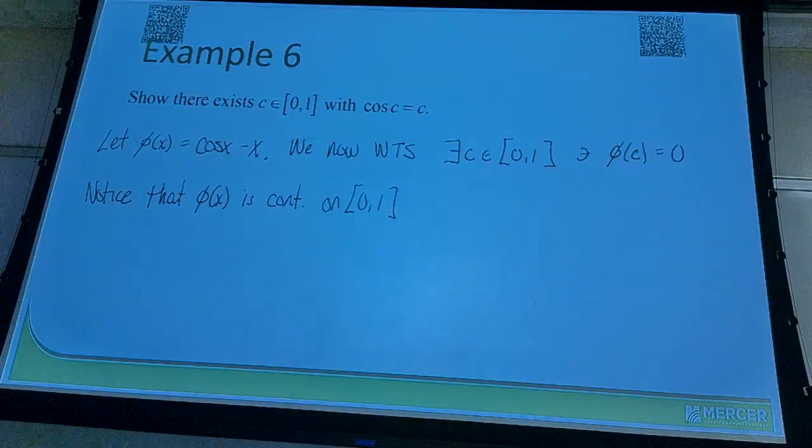First, phi of x, isn't that continuous on that interval? That should be continuous everywhere. Right? Cosine is continuous everywhere, x is continuous everywhere. So their difference would be continuous everywhere.